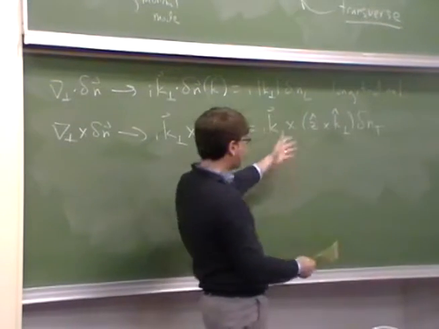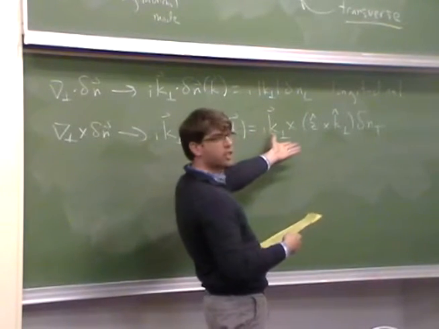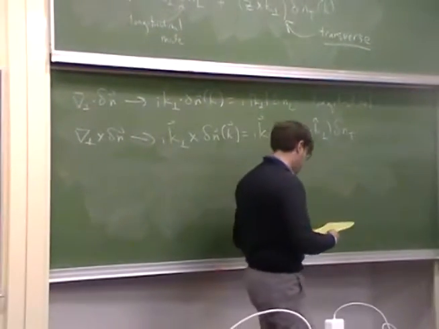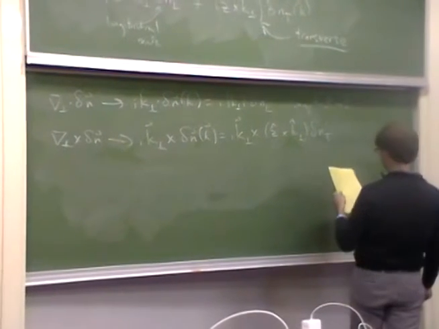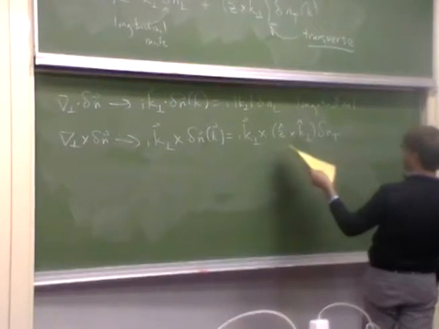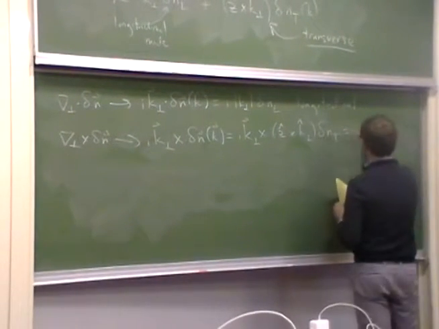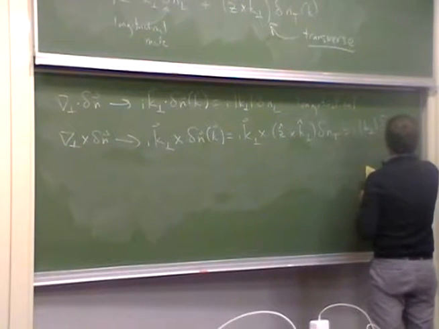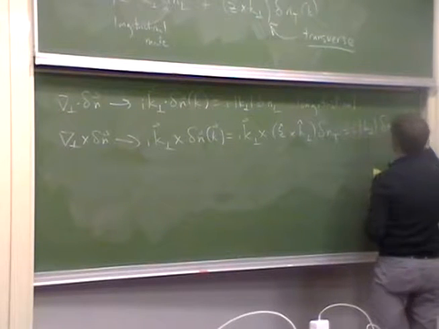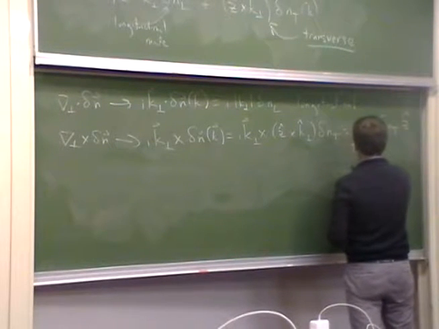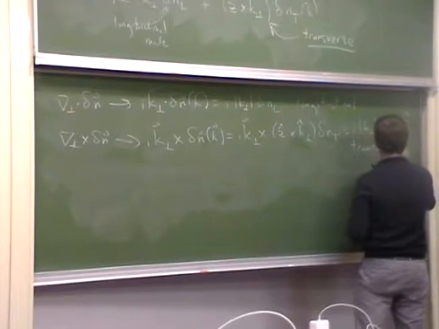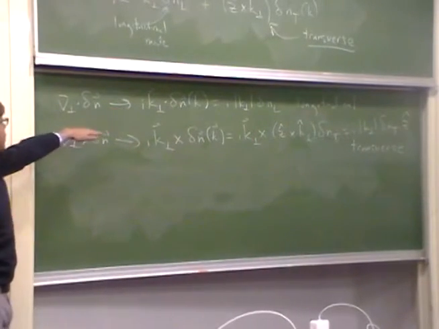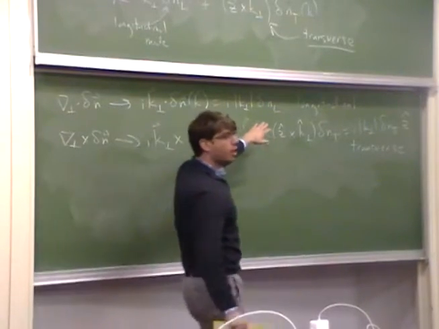Okay, what comes out of this? Essentially, what comes out of this is just the magnitude of k. Okay, you check and tell me if I did it wrong. It's actually the magnitude of k times the transverse component times z hat. So I only have the transverse component here. Okay, so twist only couples to the transverse mode. Splay only couples to the longitudinal mode.